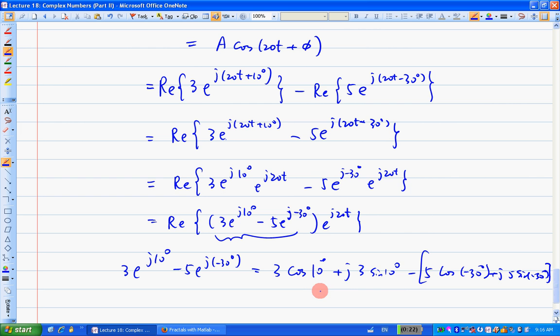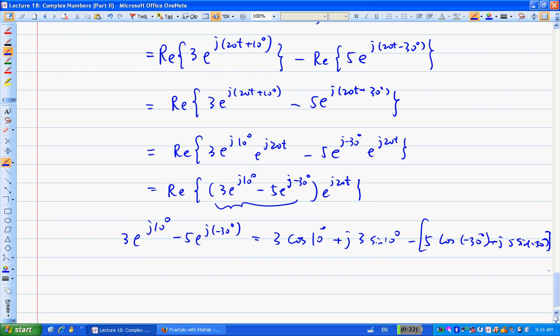Now you bring out the calculator and calculate each one as a quantity. This is just addition and subtraction of complex numbers. If you carry this out, this should give you negative 1.37572 plus j 3.02094.